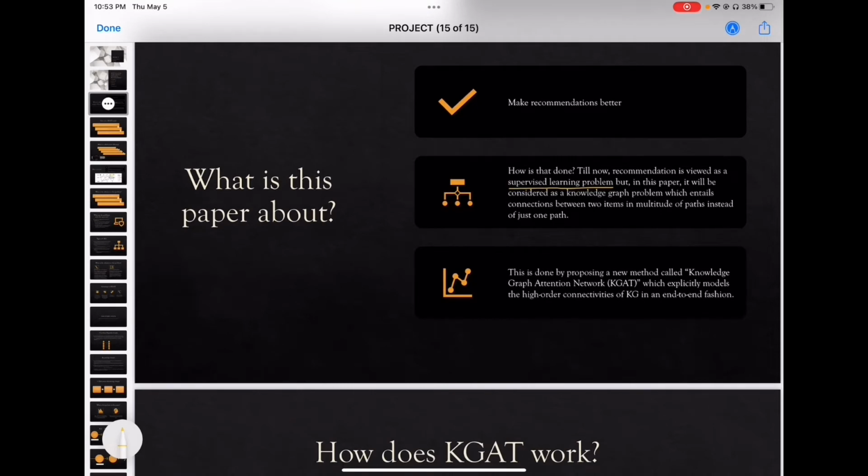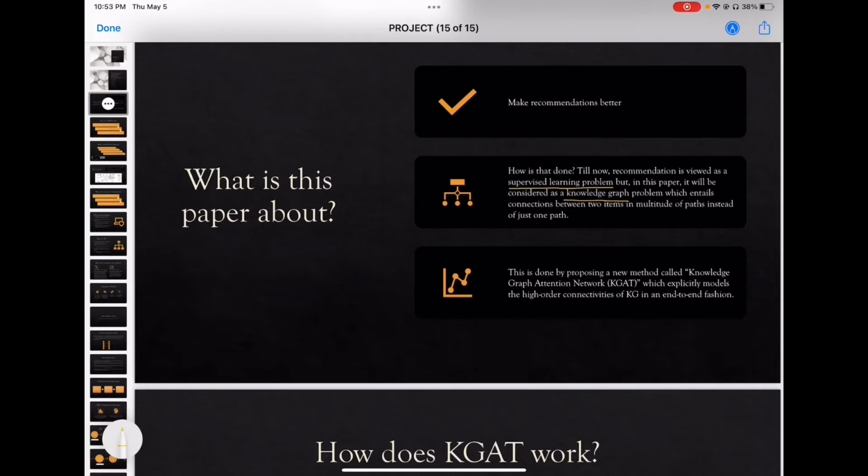So in this paper, the utility of knowledge graph, which breaks down the independent interaction assumption by linking items to their attributes, is considered.